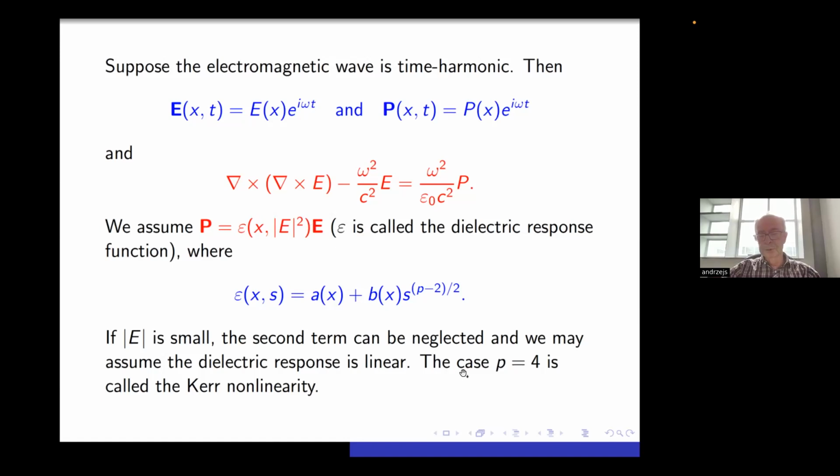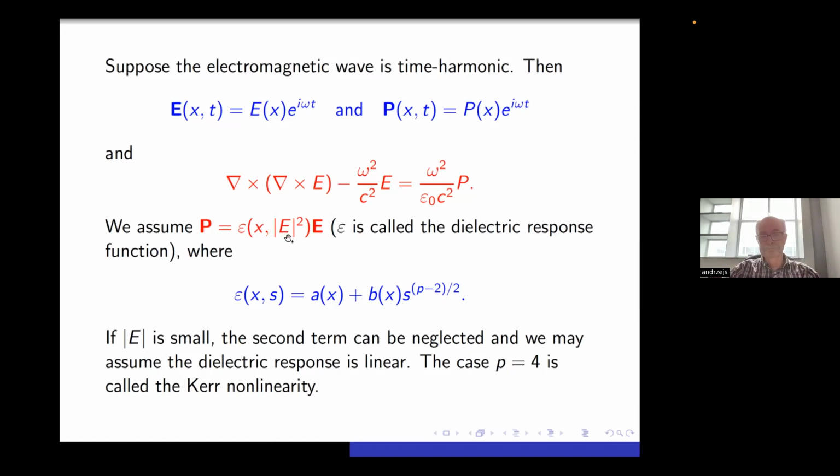Also, another case which has been studied a lot in physics is p equal to 4. It's called the Kerr nonlinearity. So here we have s to the power 1, and here we have e squared.